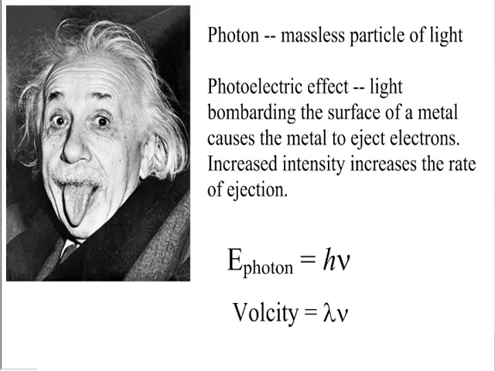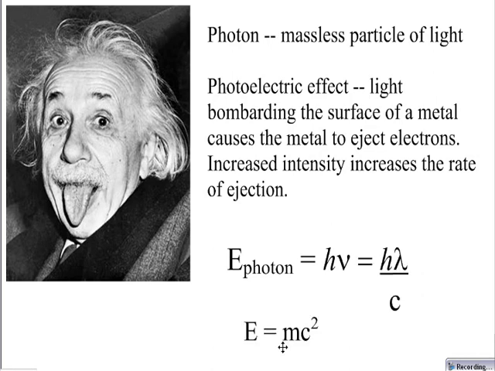We can expand that formula even further, since we know that frequency is related to wavelength and velocity, where velocity equals the wavelength times the frequency. And all electromagnetic radiation travels at the speed of light, so velocity is simply c. We can substitute c divided by the wavelength into that equation. So energy equals Planck's constant times the speed of light divided by wavelength.